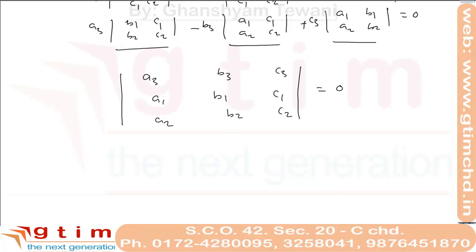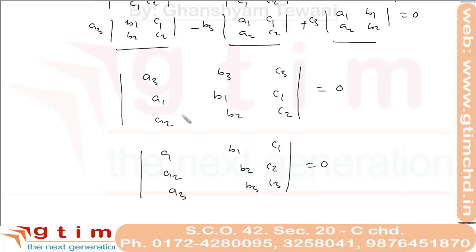Now we have solved the first two lines, and their point of intersection is satisfying the third line. If we solve the second and third lines and put their point of intersection in the first line, then we will get the determinant a1 b1 c1, a2 b2 c2, a3 b3 c3 is equal to 0.